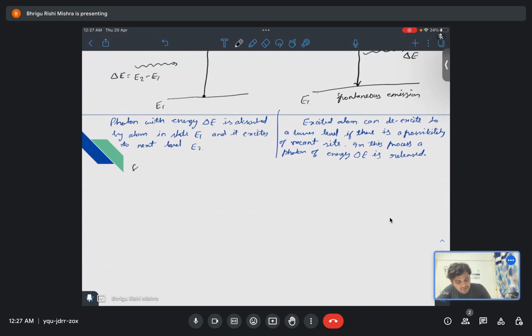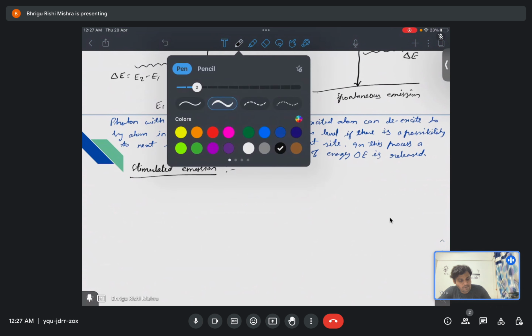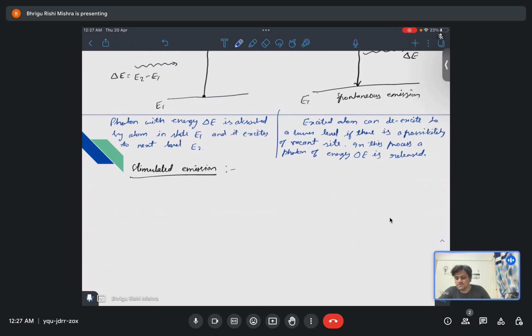A few properties of stimulated emission: it is not a very dominant process at room temperature.